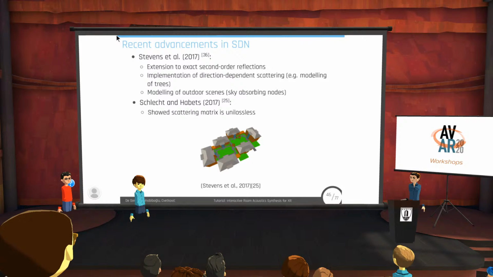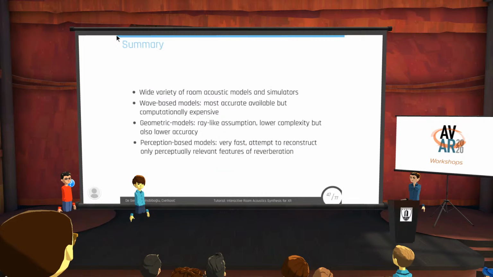And we've been working on perceptual experiments where we've shown that in terms of naturalness, SDN behaves very similarly to FDN networks, and actually has a higher naturalness than FDN networks or the image method. We've also been working on connected spaces for this with some unpublished results.